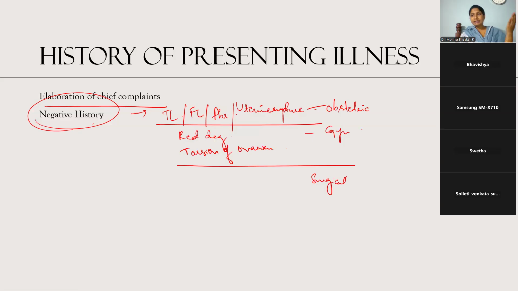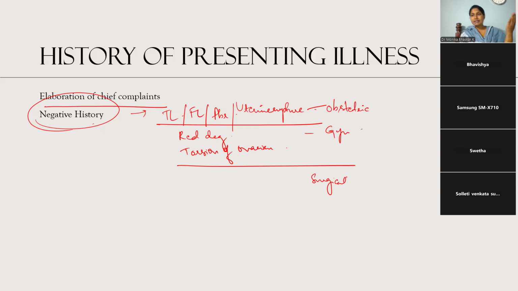So all these are differential diagnoses of pain abdomen, and these go in favor of surgical causes. What are the medical causes? Whether she has any urinary tract infection, pyelonephritis, colitis, or IBD. So all these are medical causes of pain abdomen during the third trimester.